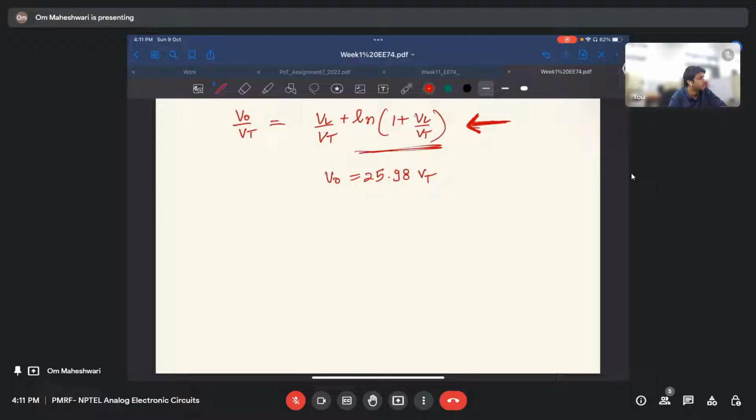Do you have a value for VL/VT? I'm getting exactly 22.81, sir. Exactly that value, 22.81.